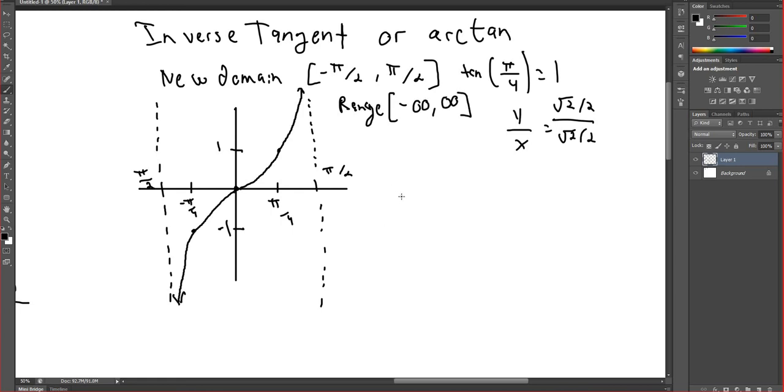So for tan inverse, what is the domain of tan inverse? If the range of tangent is negative infinity to infinity, what's the domain of tangent inverse?